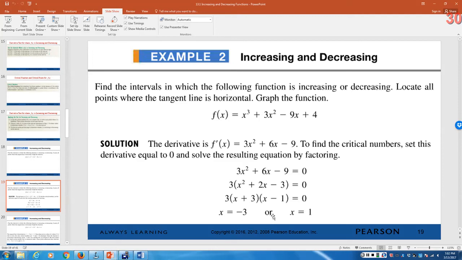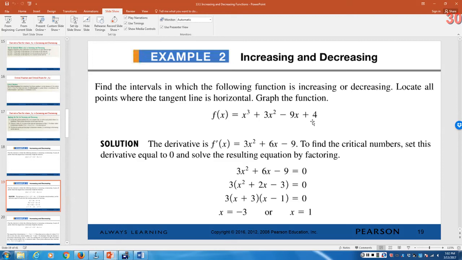So x equals -3 or x equals 1. That means f of x has a critical value at x equals -3 and x equals 1. It means that the slope of f of x at x equals -3 and at x equals 1 is 0.